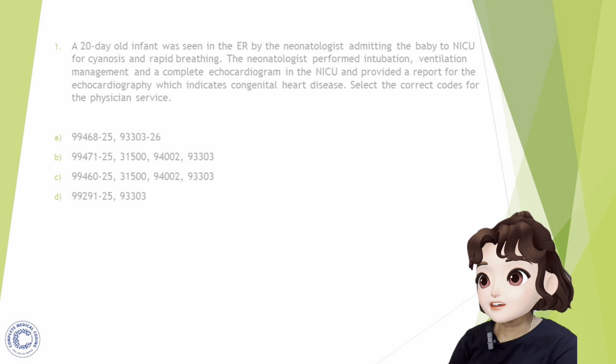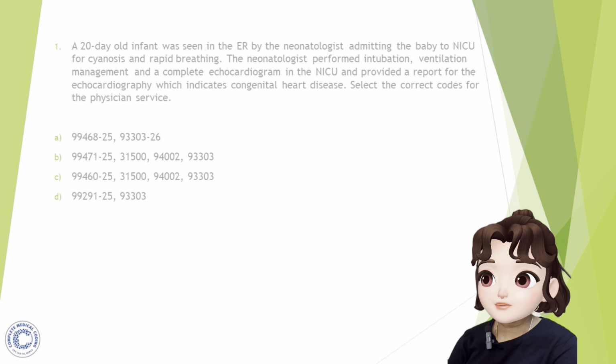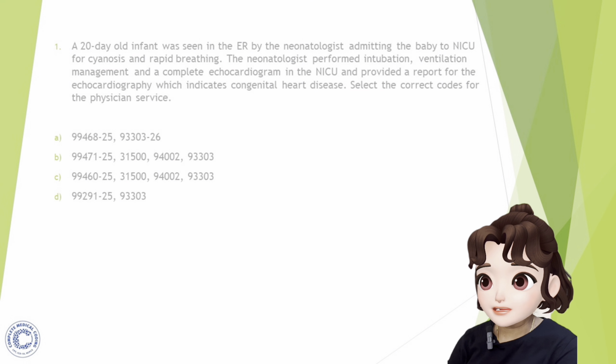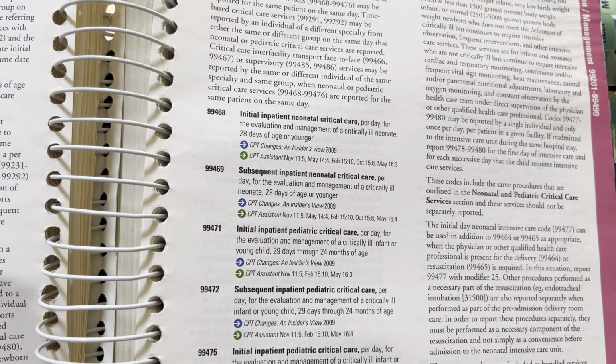So these are the options mentioned. Let's look into them one by one in the CPT code book. I'll show you the codes in the book as well. First, let's look into all the E&M codes from all the options.